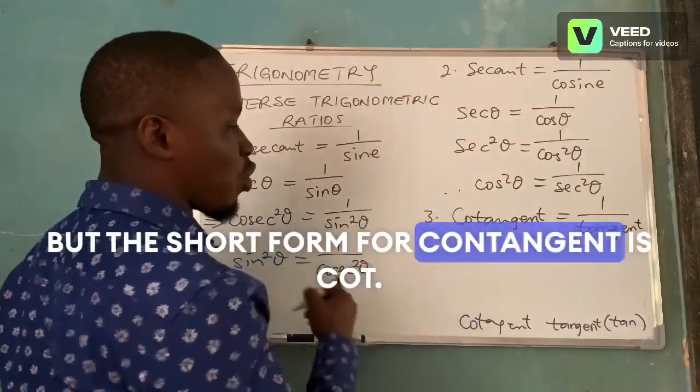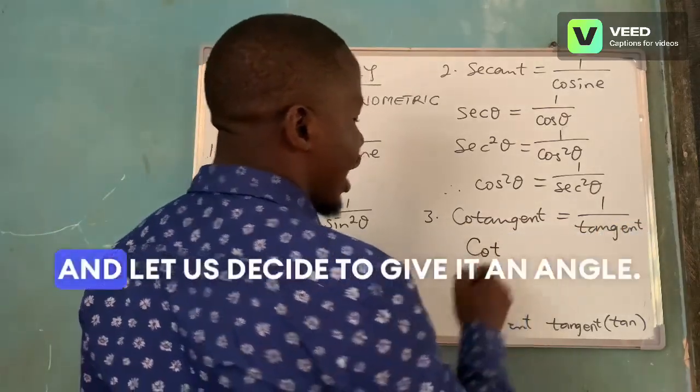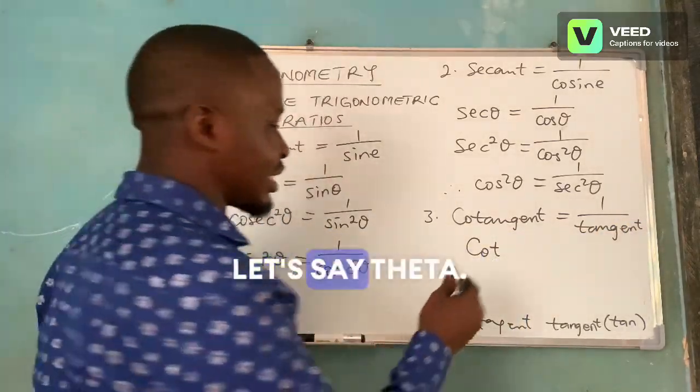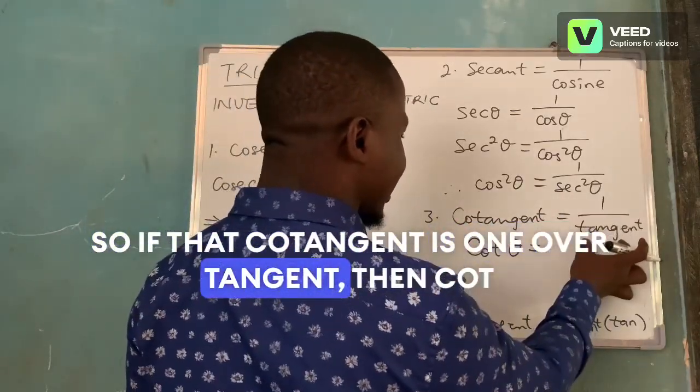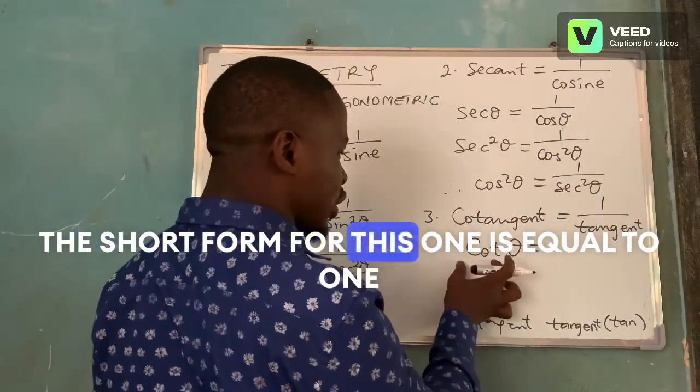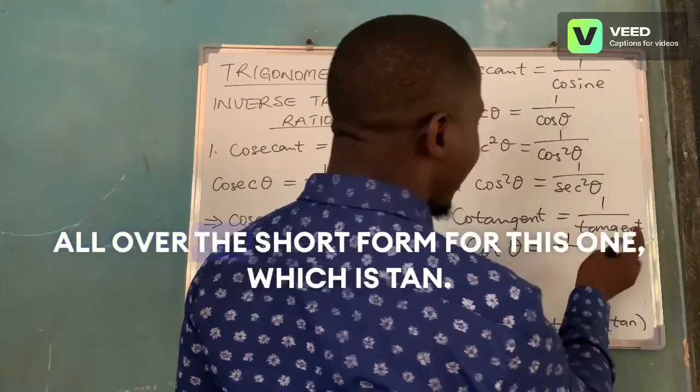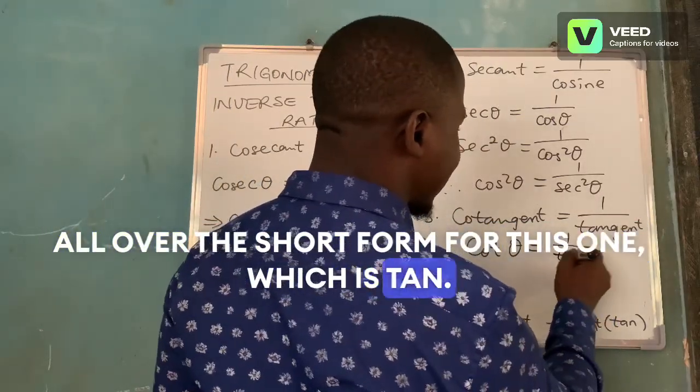But the short form for cotangent is cot. And let us decide to give it an angle, let's say theta. So if cotangent is 1 over tangent, then cot theta, the short form for this one, is equal to 1 over the short form for tangent, which is tan theta.